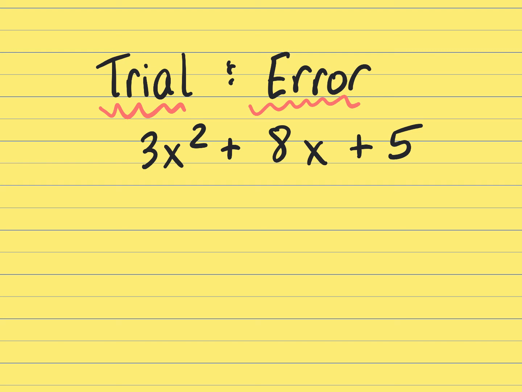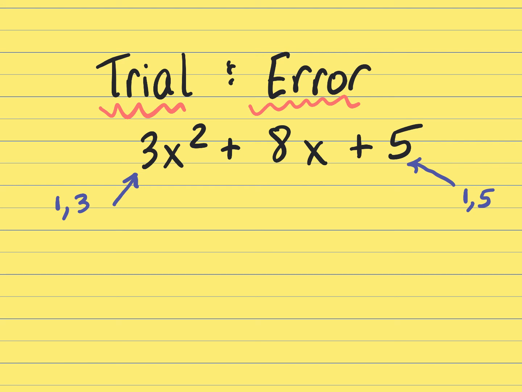Now the thing to notice here is this is a prime number and this is a prime number. So my options are limited. There's not a lot of ways I can go. If these are not prime numbers, this will take a lot longer. So here we consider the only way to make 3 is 1 and 3, and the only way to make 5 is 1 and 5. Okay, so we are looking for something that when arranged in combination gives us a multiplication answer of 5 and the addition answer of 8x.